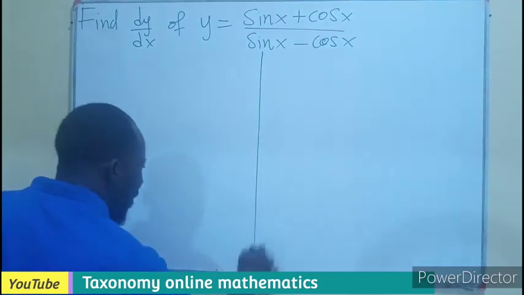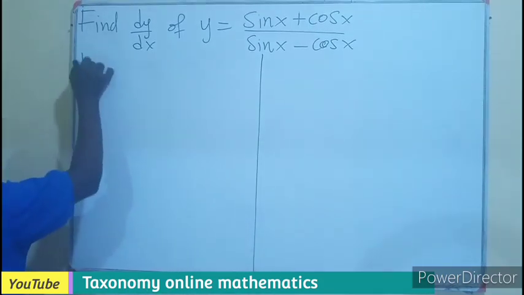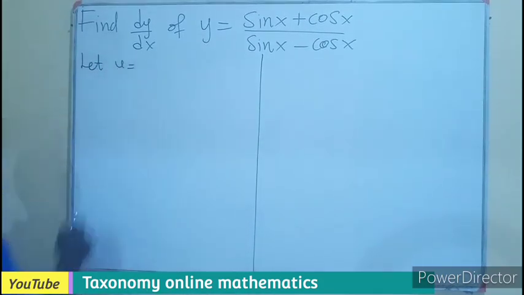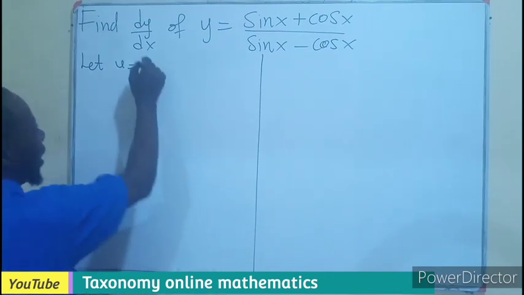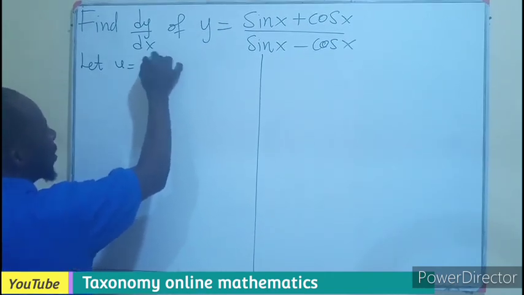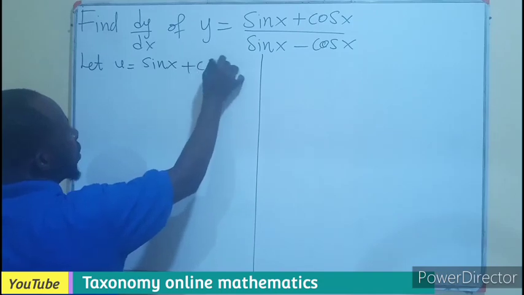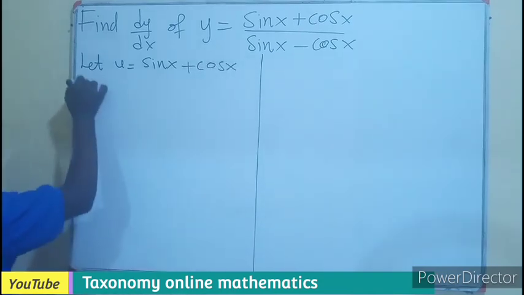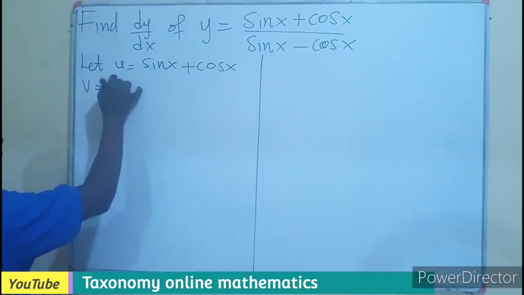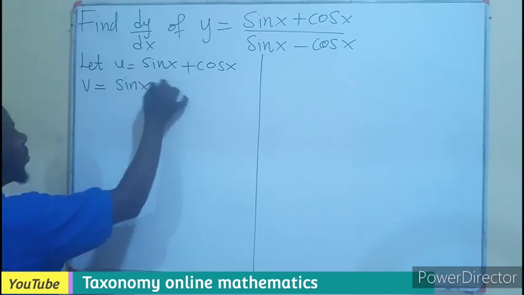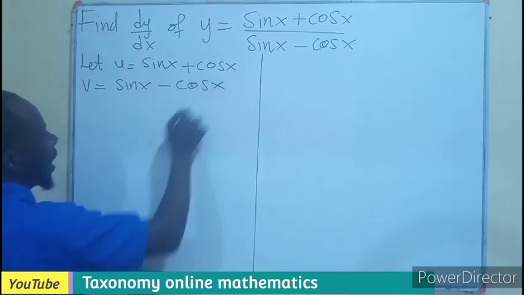So let's just say the numerator will be represented by u, and that will be sin x plus cos x. Then your v will be the denominator, sin x minus cos x.